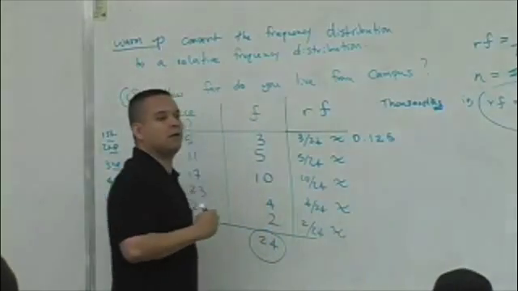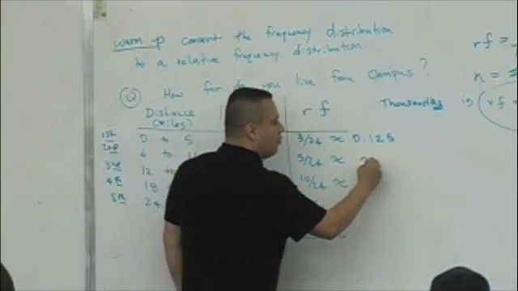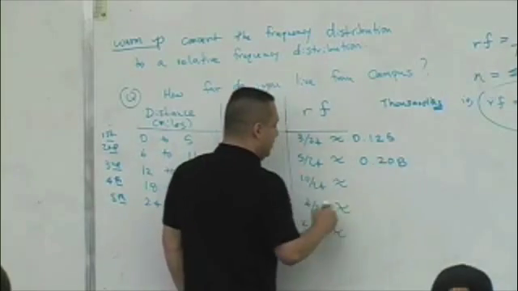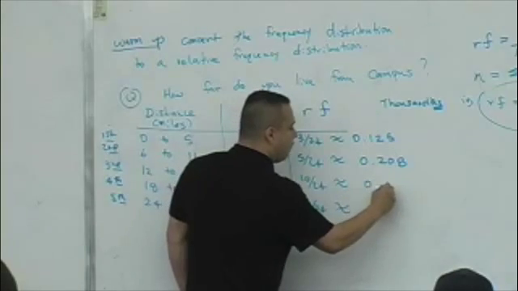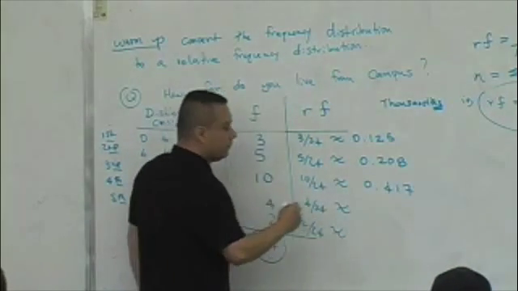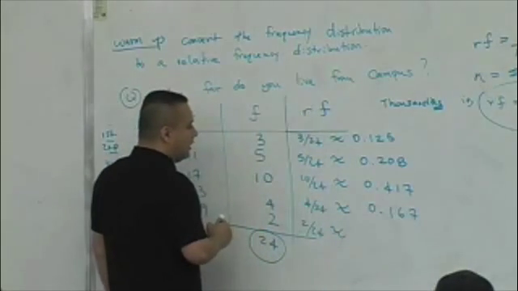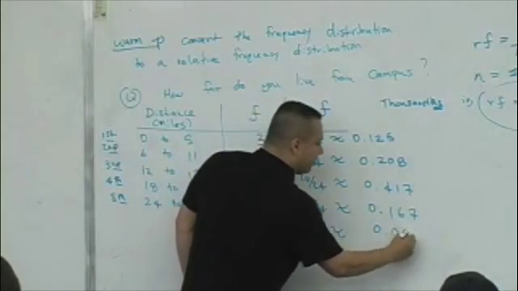Good. Okay. 5 over 24? 0.208? Okay. 10 over 24? 0.417. 4 over 24? 0.167. And finally, 2 over 24? 0.083.